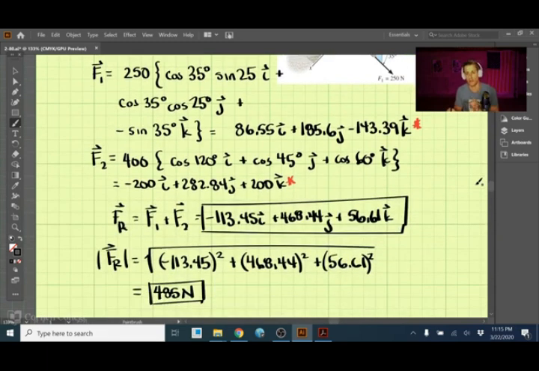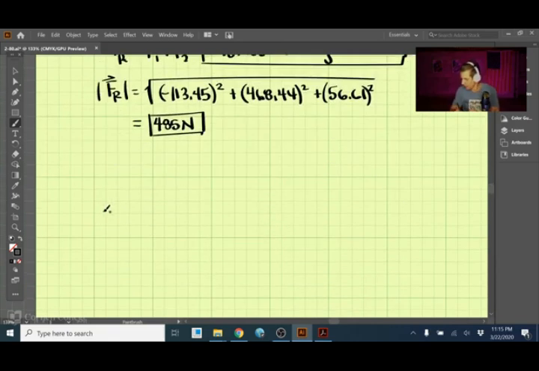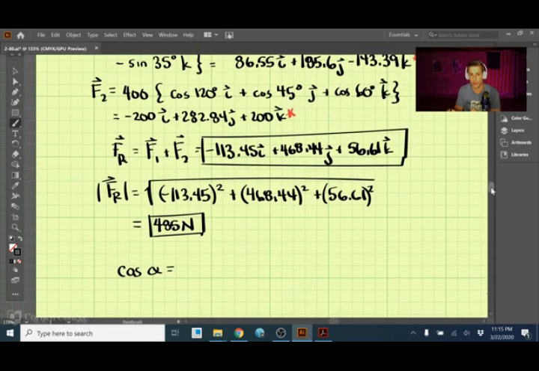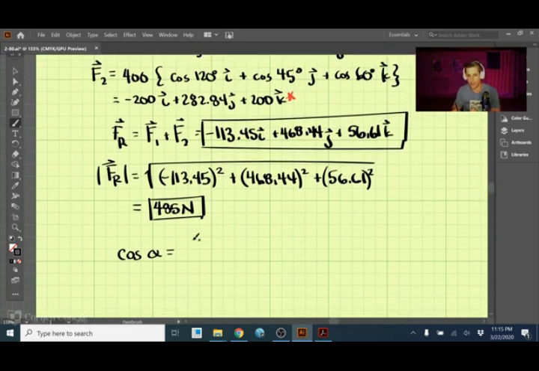And those are alpha, beta, and gamma respectively. So, to figure out alpha, we have cosine alpha. This is the direction cosine here. We would want that to be our FR in the x component divided by our magnitude FR. So that's what that equals.